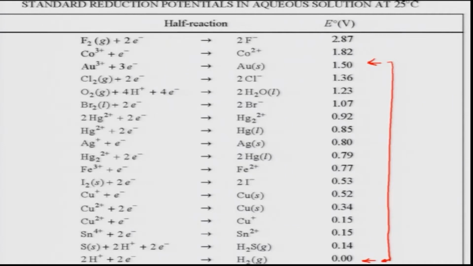Similarly, if I compare gold and silver, gold's standard reduction potential is 1.50 and silver's is 0.80. So, that means gold is highly noble as compared to silver.